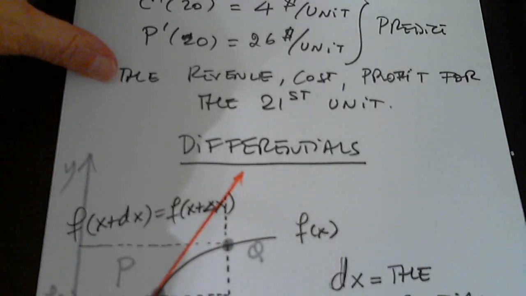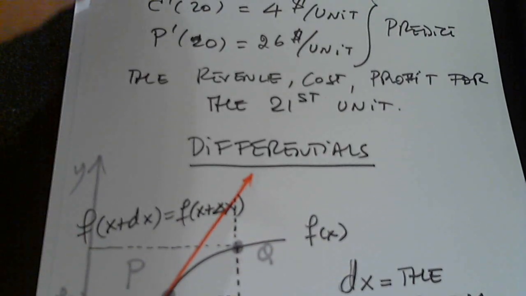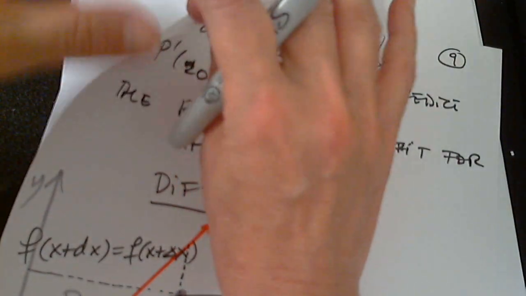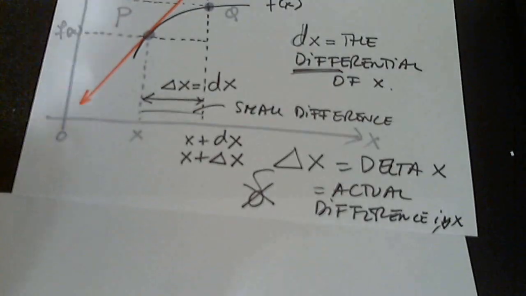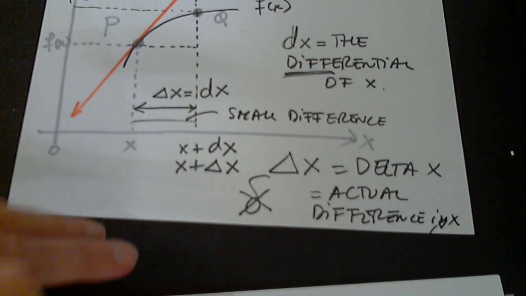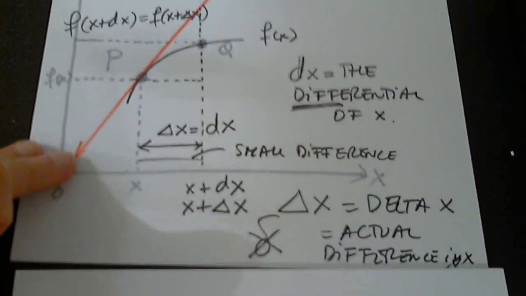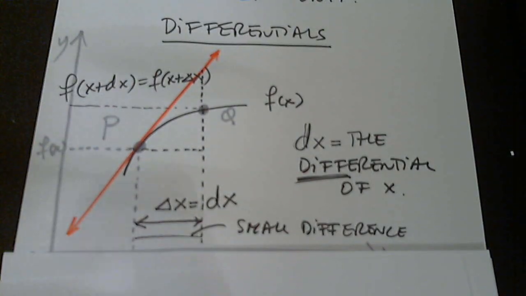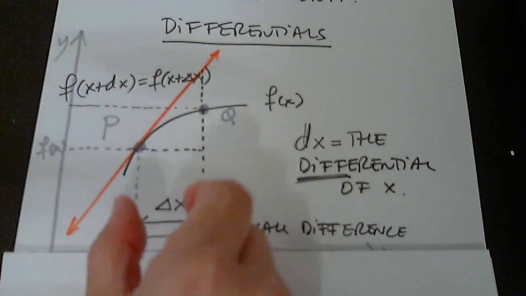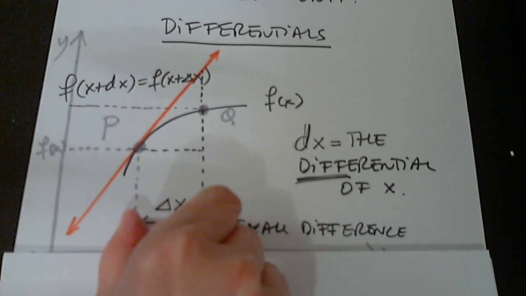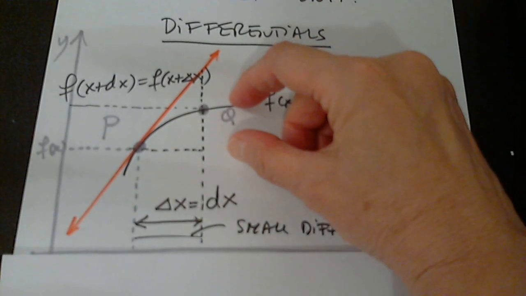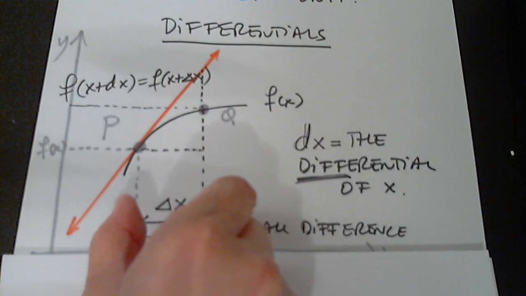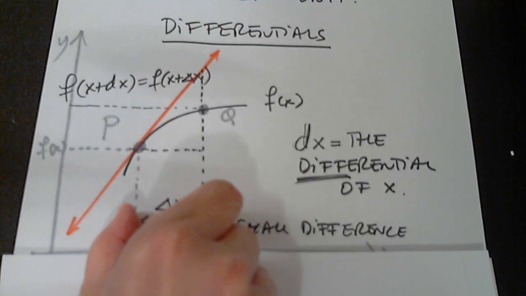Okay, fine. So now we learned what the differential of x is. So we know what the dx is, and we know what delta x is. Okay, now notice something very interesting. A small change in the x value triggers a difference in the y value. So this is the difference in x.